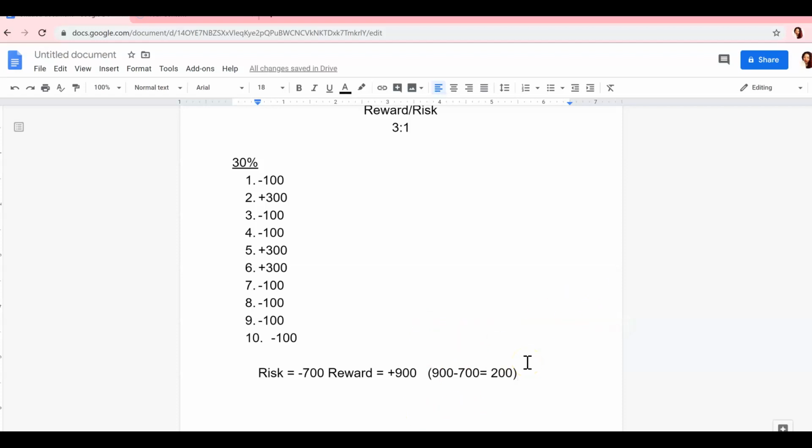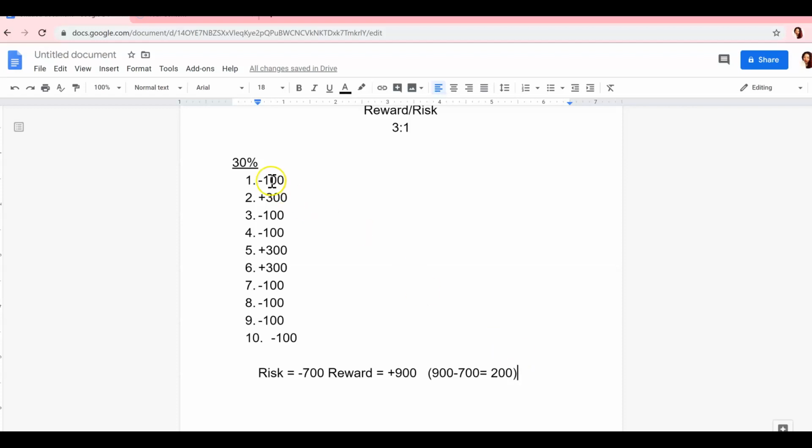So that means even with a 30% of risk to reward or reward to risk, we still come out on top with 30% being right. That means we don't have to be right 100% of the time. We have to be able to calculate our risk per trade, so we can't let this get out of hand.